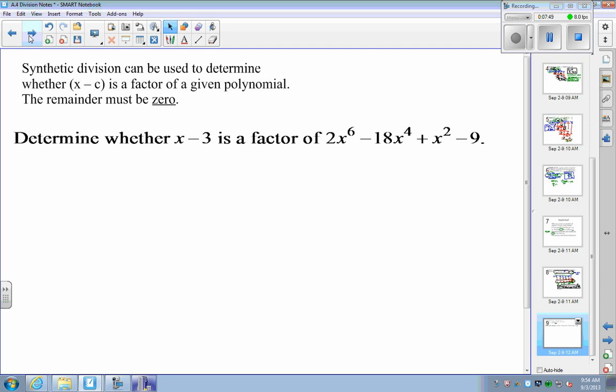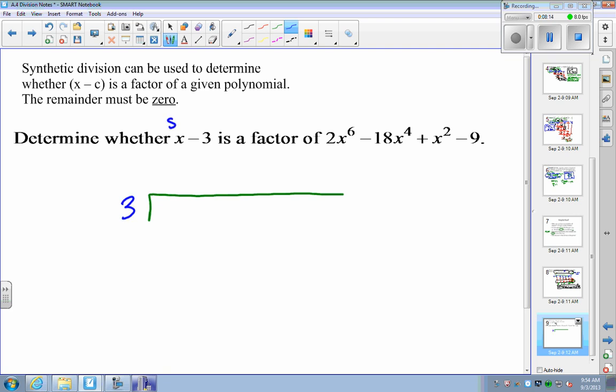Okay, so if x minus 3 is a factor of this thing right here, you're basically saying, does this thing to the 6th power factor, to a bunch of different things with one of them being x minus 3? Now, you could try all our different factoring methods, but something to the 6th power there could get pretty dicey real quick. So we're going to do what the problem tells us.